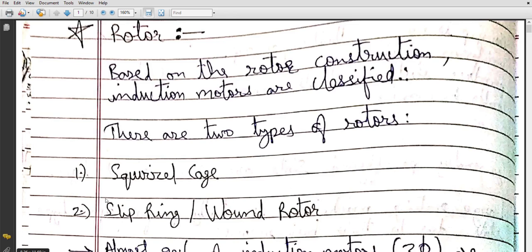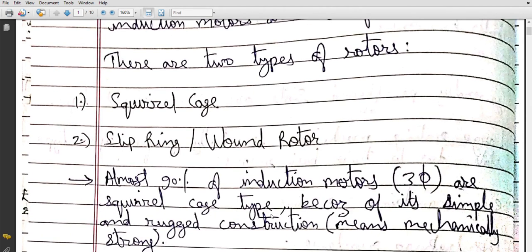Number two is the slip ring or wound rotor type induction machine. Now, almost 90% of three-phase induction motors are of squirrel cage type, and almost 100% of single-phase induction motors are of squirrel cage type. There are various reasons why this is much preferred over the slip ring or wound rotor. We'll be talking about that also.